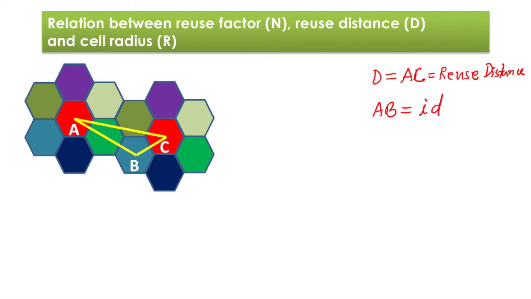That means it's a move along the sides of the hexagon. If we have one move, AB will be equal to 1D. If we have two moves along the sides, AB will be equal to 2D. If we have three moves, AB will be equal to 3D, like that. And BC is the move along the 60-degree anti-clockwise turn with respect to the side of the hexagon, so it will be represented by jD.